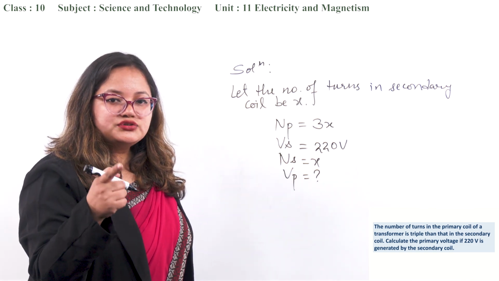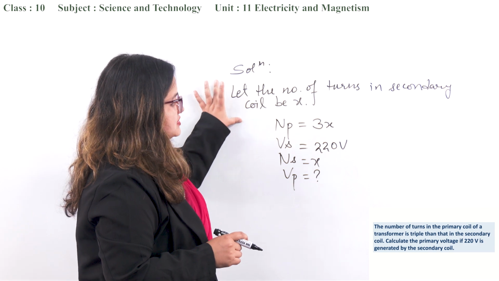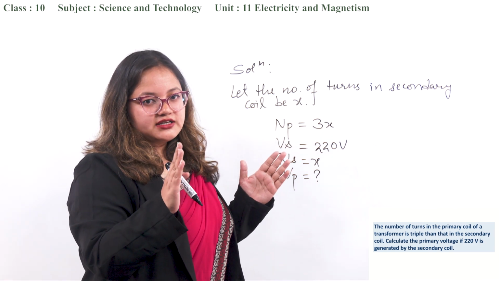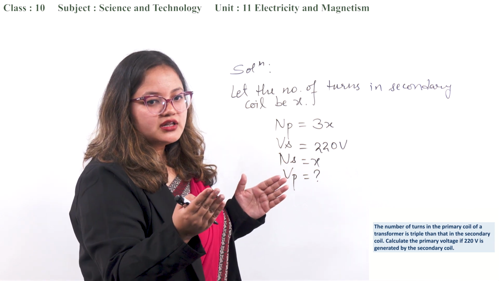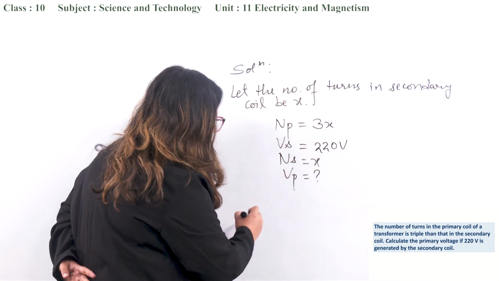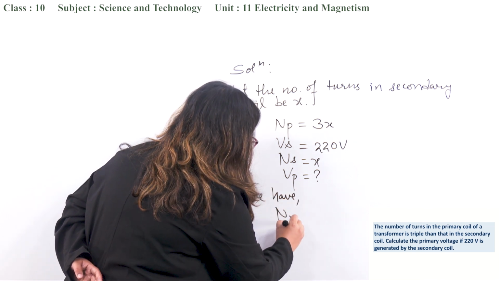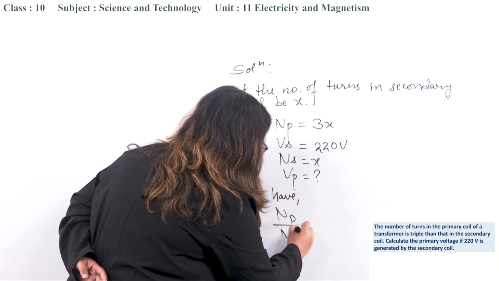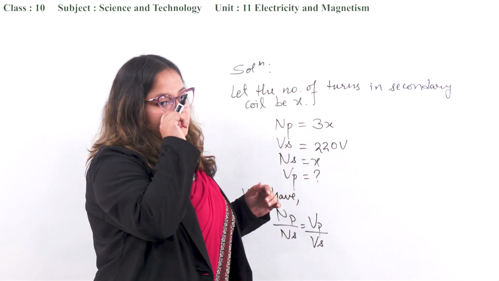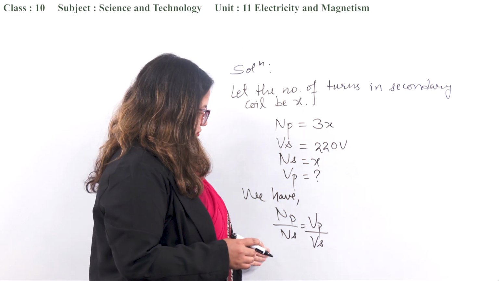Again, we are going to use the same formula. The only extra step was to suppose this secondary coil when we are not given anything, but if we are taking the reference of the other coil, we can simply suppose it as X. So again we have NP by NS equals VP by VS. Now we have to simply replace the values from the given side in this equation, right?